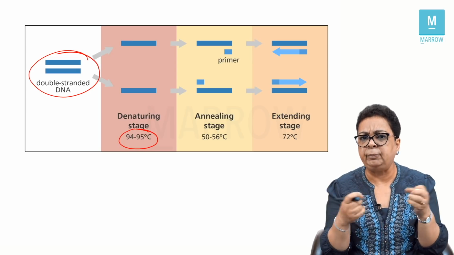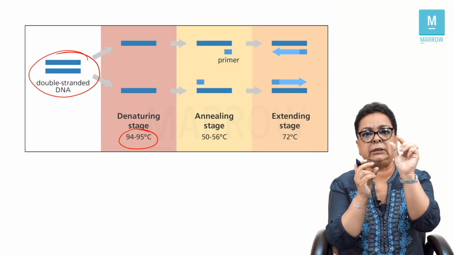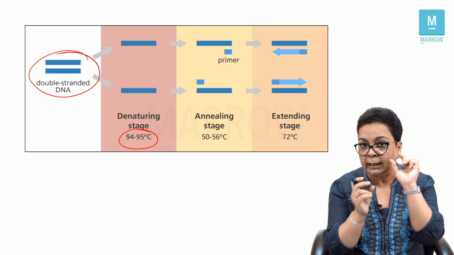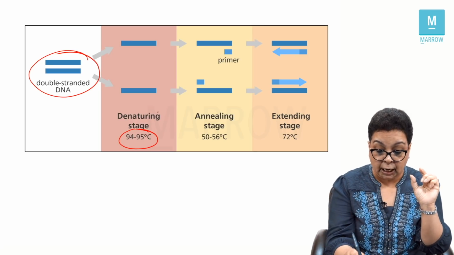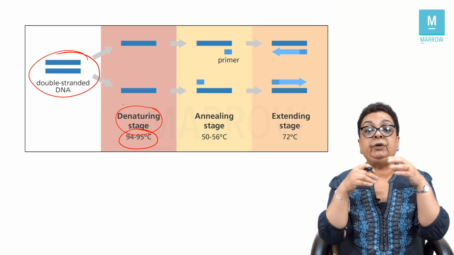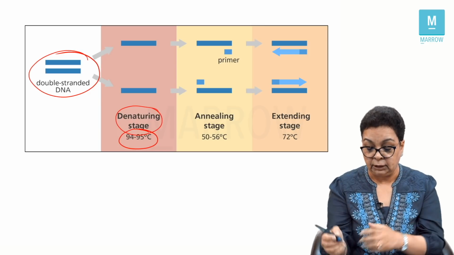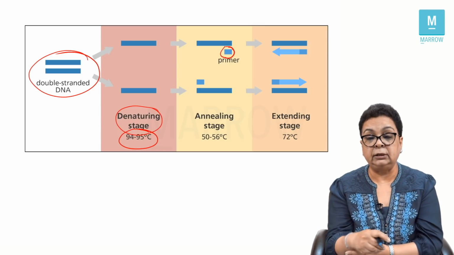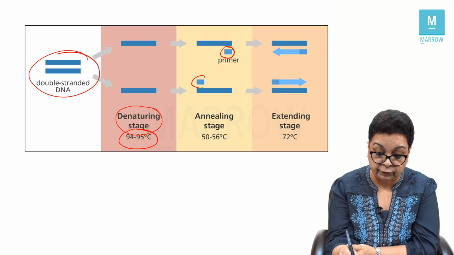What is PCR? Basically, we are amplifying a target sequence which is called the template DNA. After the step of denaturation, we have already added primers. What are these? These are the forward primers and the reverse primers.